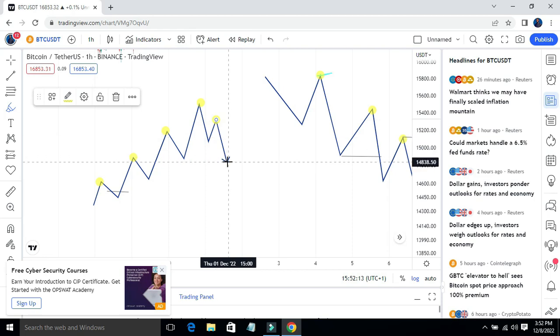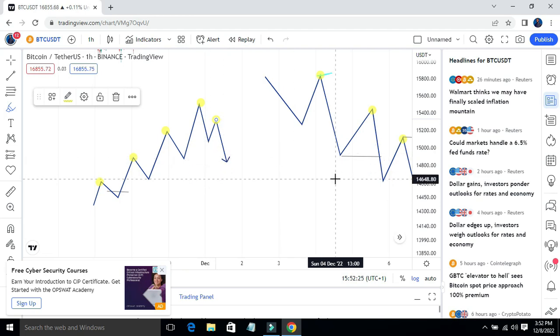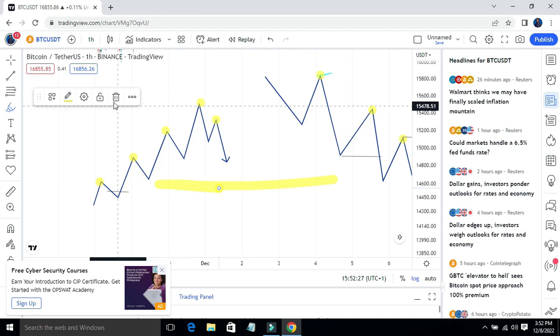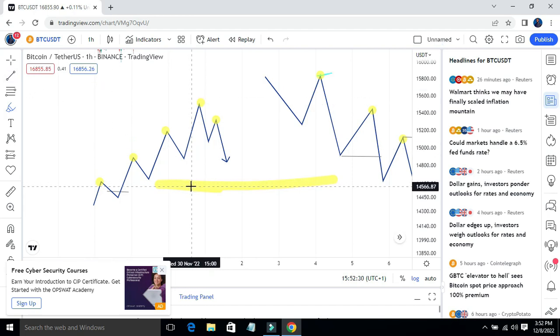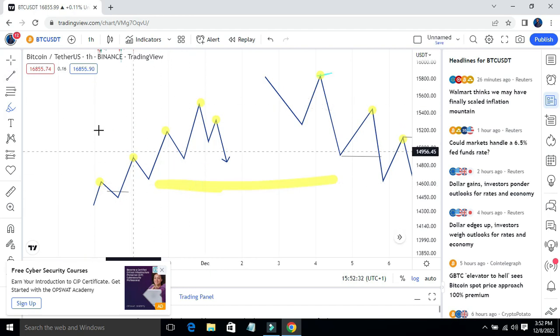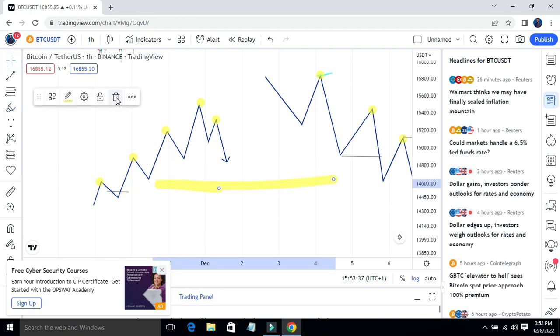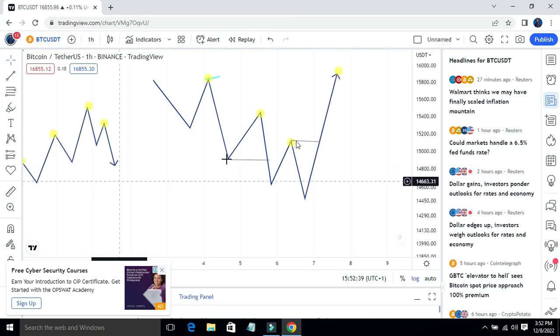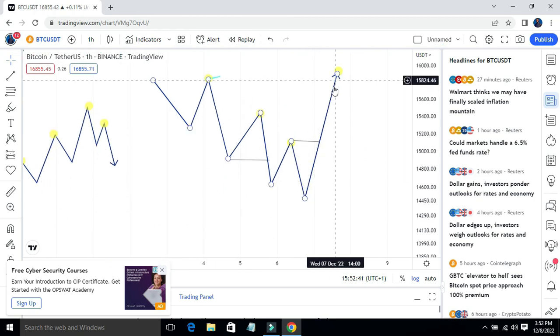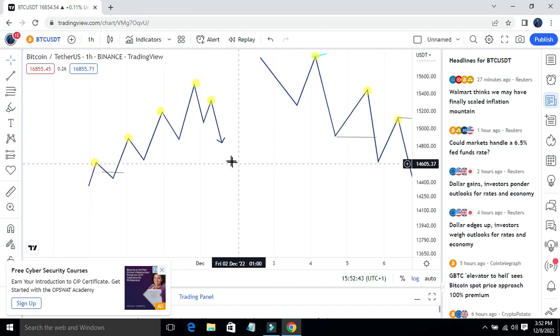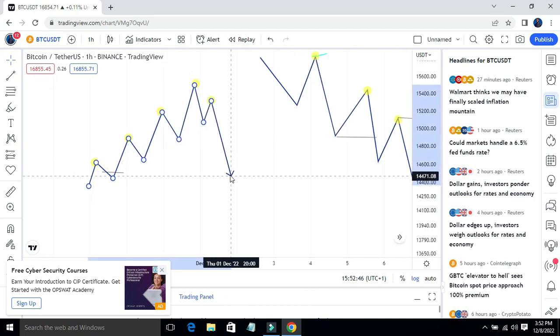Okay, and if the low that is going to print next is lower than the previous low, it's also a change of character, as we see. So let me draw it down like this.